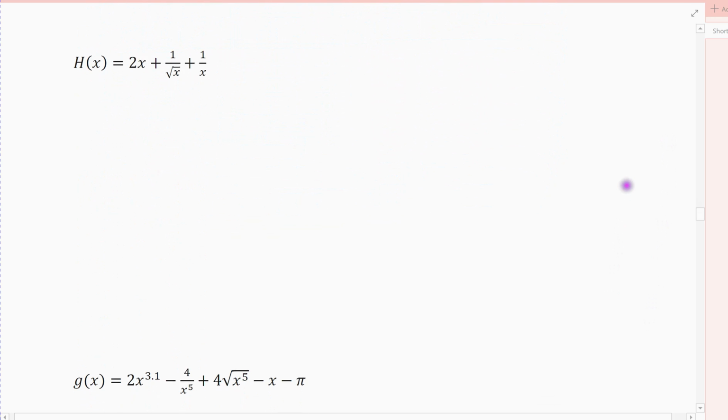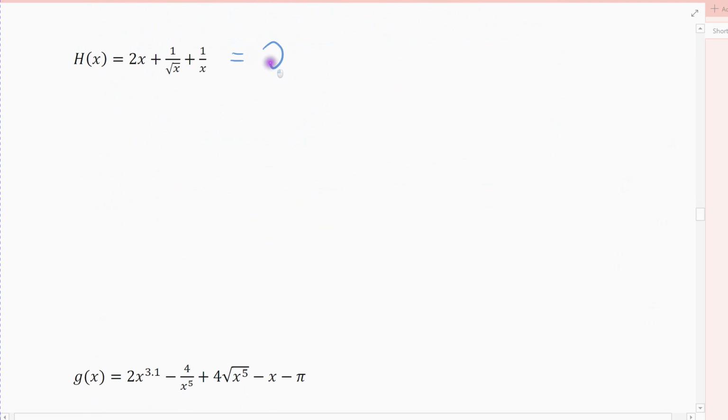All right, next example. Before I get started on the next example, I'm actually going to rewrite this. So I've got the 2x. That stays. But I'm going to rewrite the 1 over the square root of x as x raised to the, well, first of all, I'm going to move it up so it becomes a negative, and then the square root is the 1/2 power, so it's x raised to the negative 1/2.